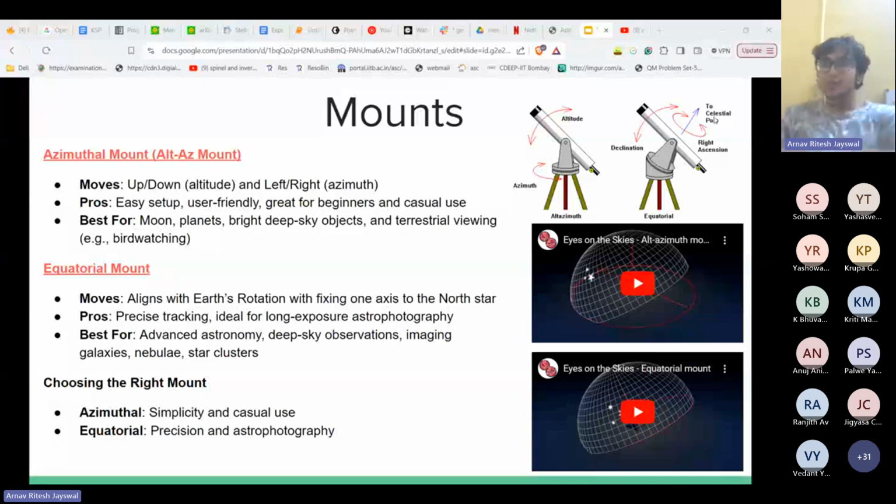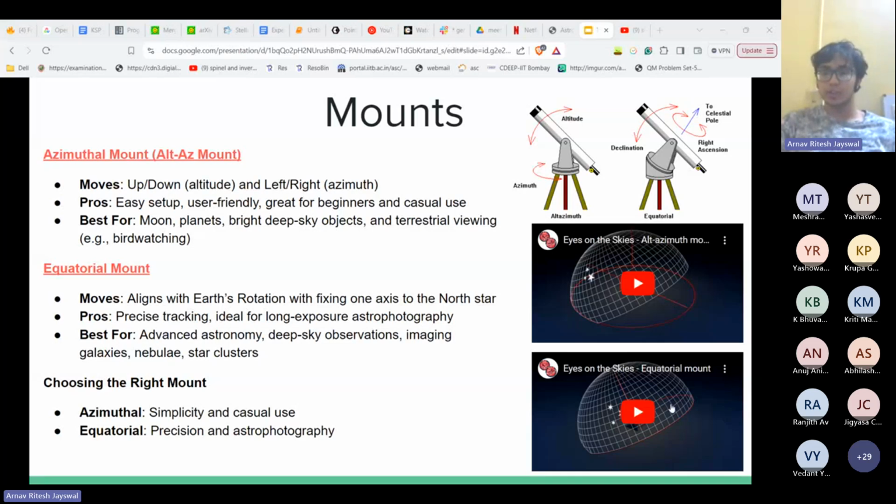As you can see, one is pointed towards the pole, and then you can rotate it so that you have the focus on one star. It is usually for astrophotography and advanced astronomy, and it has really precise tracking, and it is for stars.